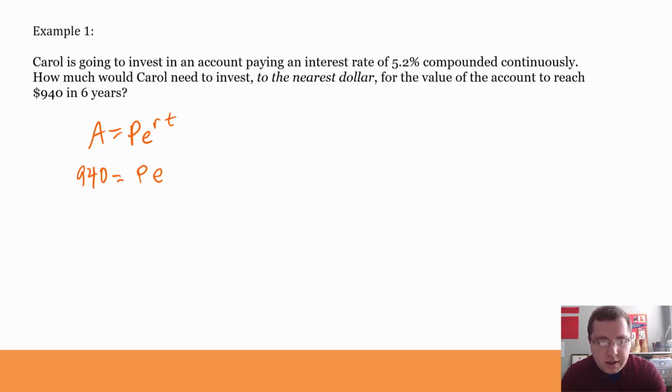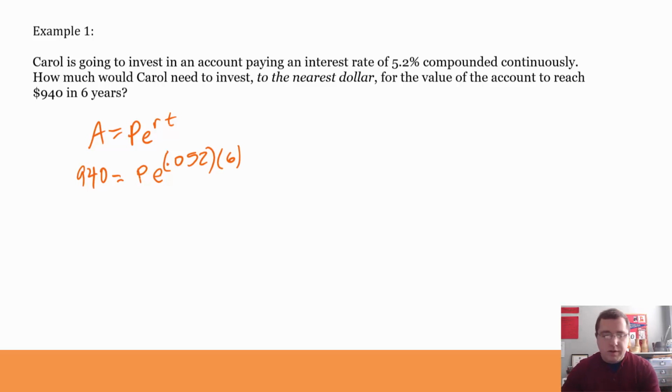r is our rate, our annual rate as a decimal. So 5.2% we're going to express as a decimal, 0.052. And t is the time in years. That's 6. So we can multiply the 0.052 times 6.